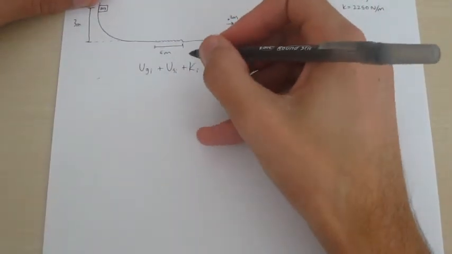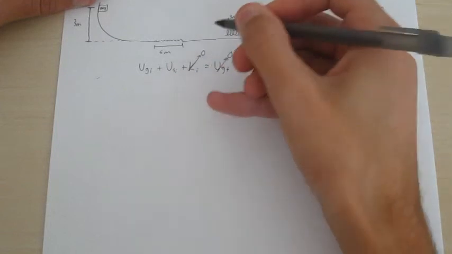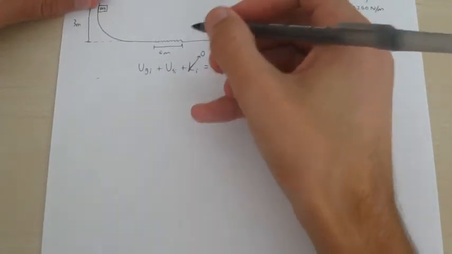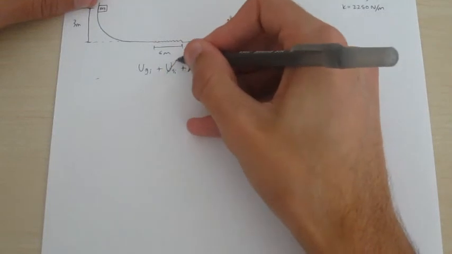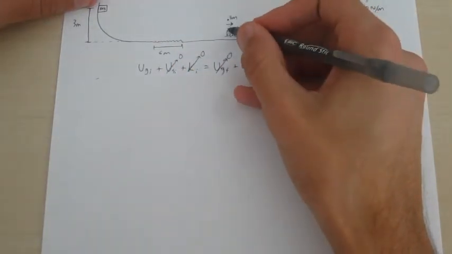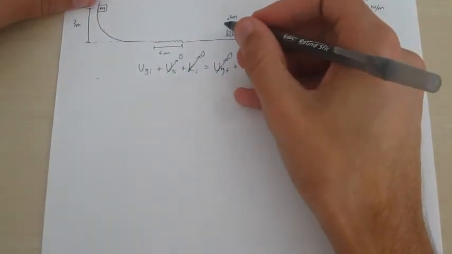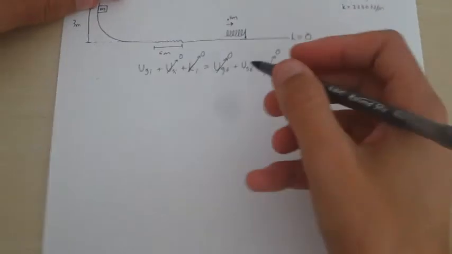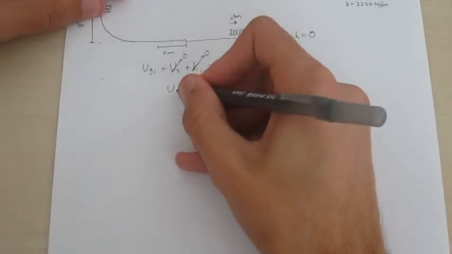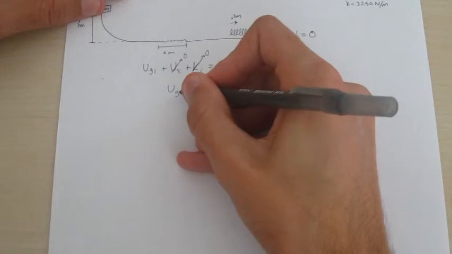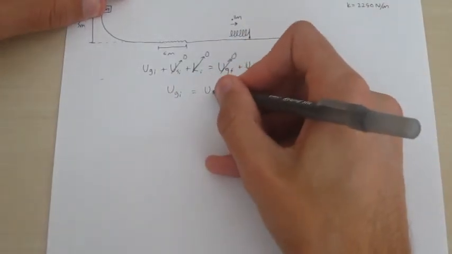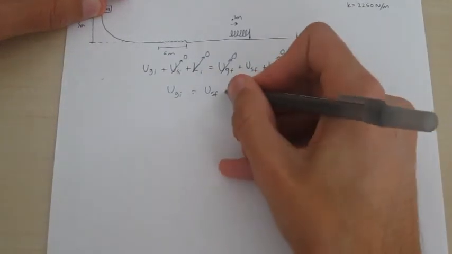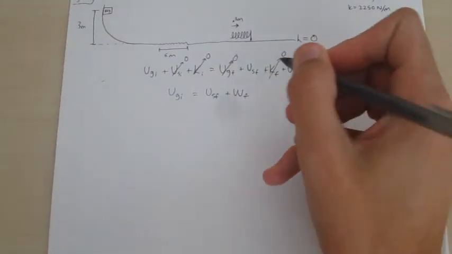Kinetic energy initial is also 0 because you're starting from rest, so velocity is 0. Spring initial potential energy is also 0 because delta x in the half kx squared is 0. So what you end up with is gravitational potential energy initial is spring potential energy final plus work of friction.